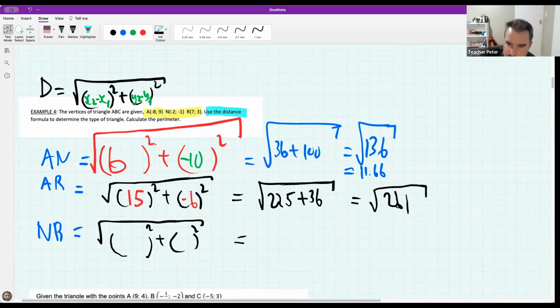I want to know what type of triangle this is once you've found all the lengths of the sides.